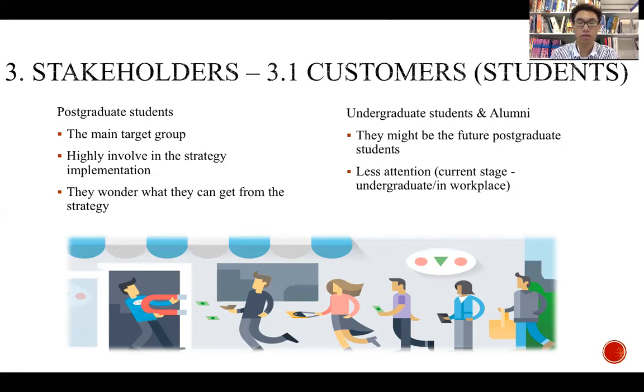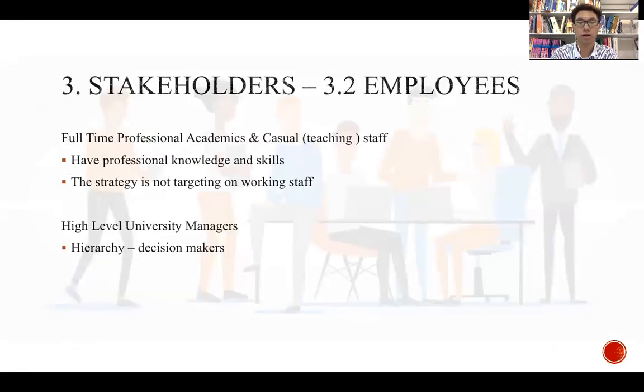current undergraduate status or because they are pursuing their career. And the employees in UTS, including full-time academics, casual teaching staff, and high-level university managers. Full-time professional academics and casual teaching staff have professional knowledge and skills and know more about students' needs, so they have high-level power.